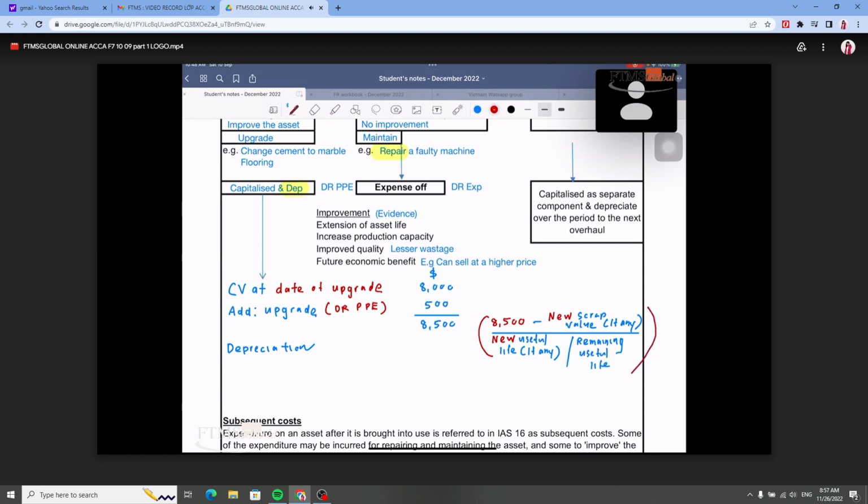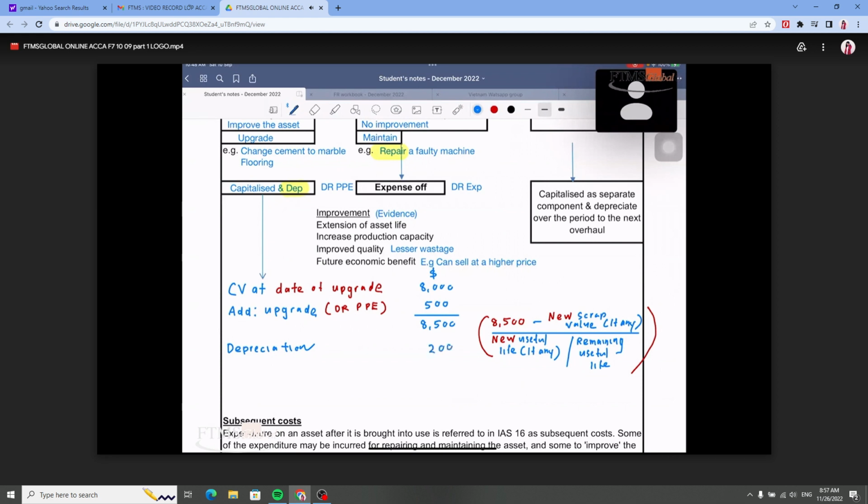Okay, so that's how you calculate your depreciation based on this so-called formula. I will not use the cost anymore. I will use this 8,500, then minus away the new scrap value if there's any, then divide by the new useful life if there's any. If not, I will just use the remaining useful life. So say for example, my depreciation value is 200.